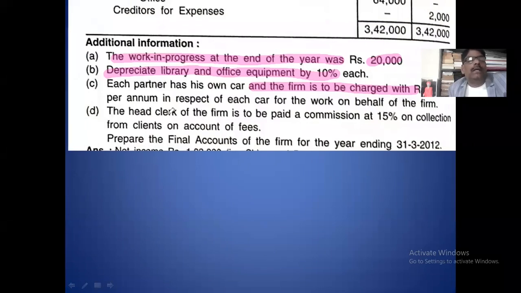Next, the head clerk of the firm is paid commission 15% on collection. So this commission, debit side, you take 15%, and it is outstanding liability in balance sheet. In this way, you complete it. Clear?